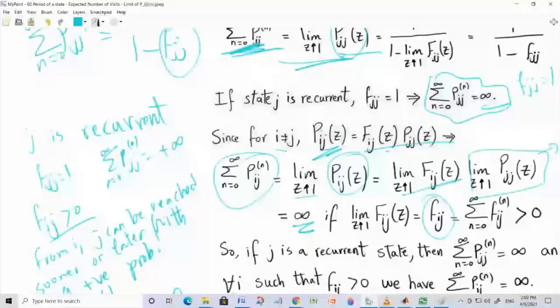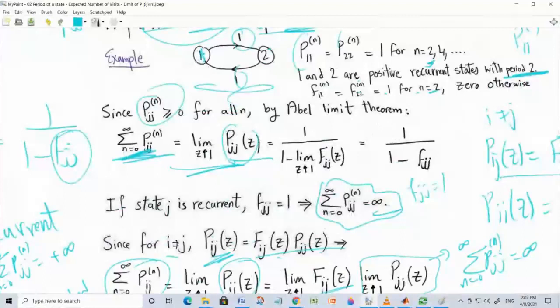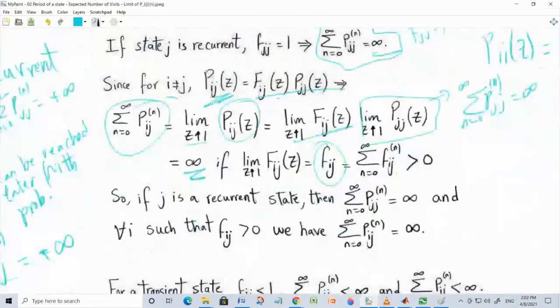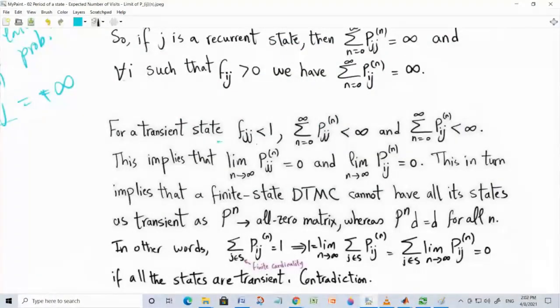Okay, now let's go back to our relationship here. Now we consider the case in which fjj is 1, so 1 over 1 minus 1 is basically infinity. But what if j is a transient state? If j is a transient state, then fjj is strictly less than 1, and so this summation here will be a finite number. Okay, so for a transient state, fjj is less than 1, this summation will be a finite number, and you can also show that the summation of pij of n is a finite number.